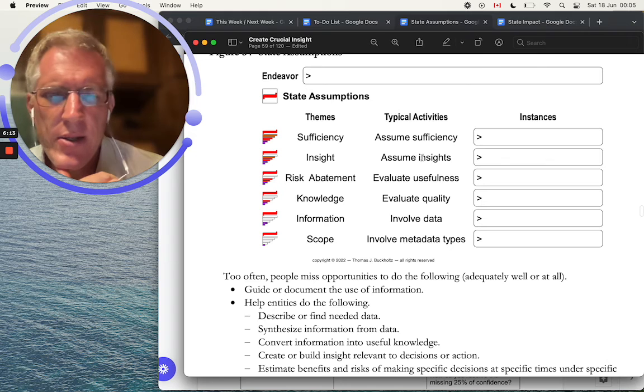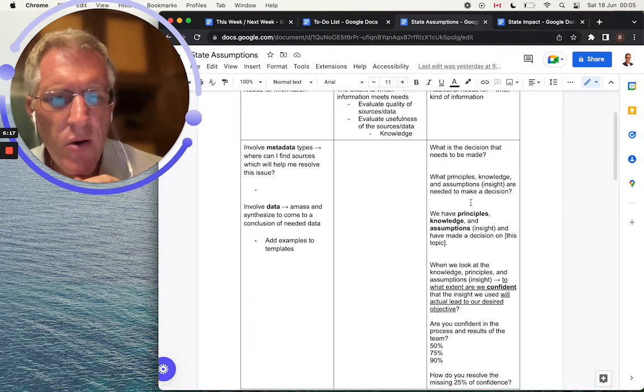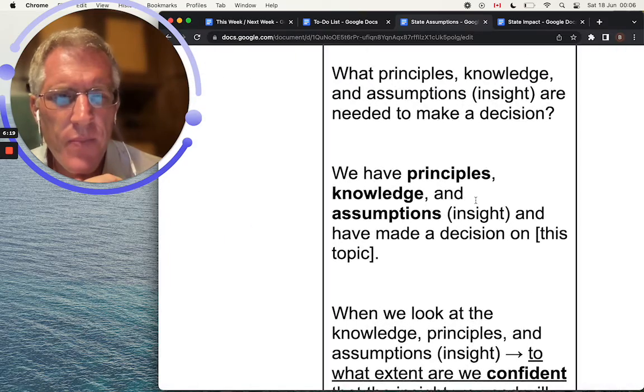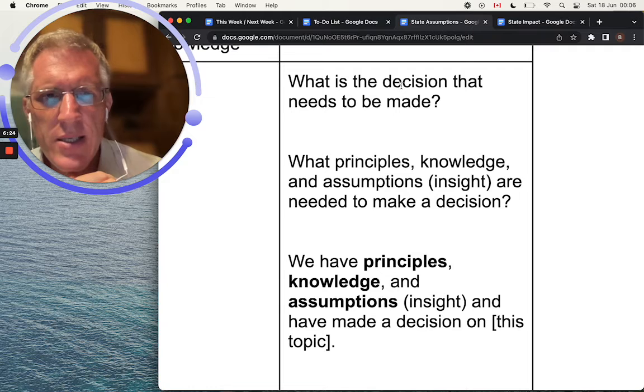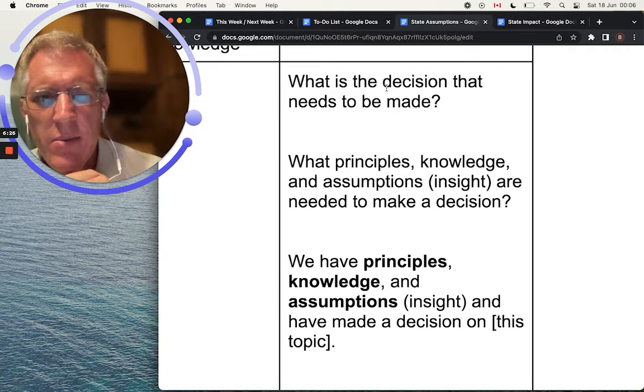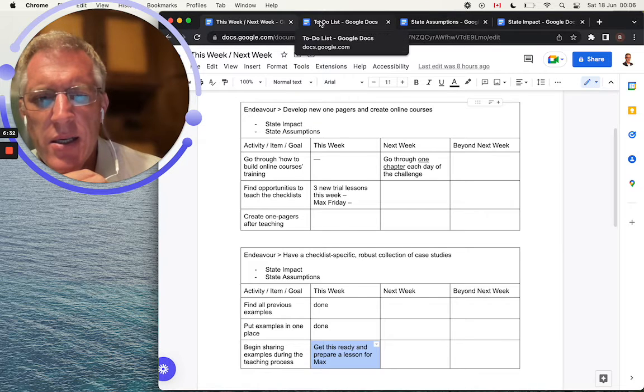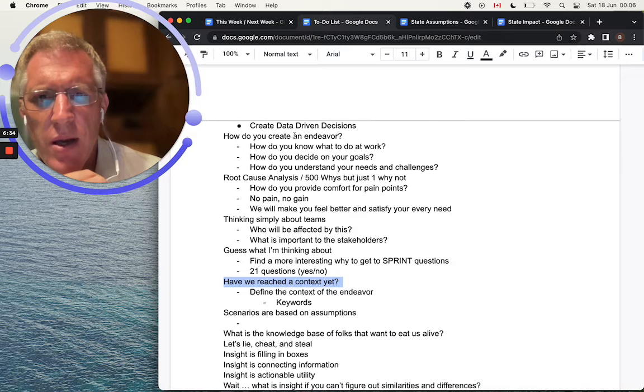And then here, this was interesting, this whole idea of insights. I did go through this checklist with someone before. So, I've developed some checklists. What are the decisions that need to be made? That's actually interesting because that's connected to how we create an endeavor. How do you know what to do at work?